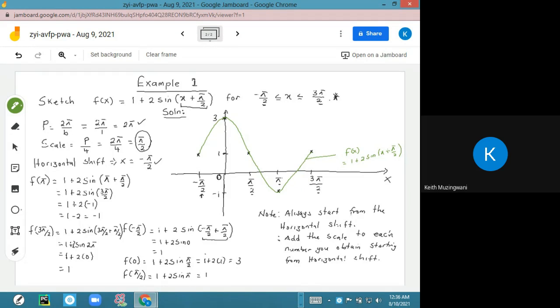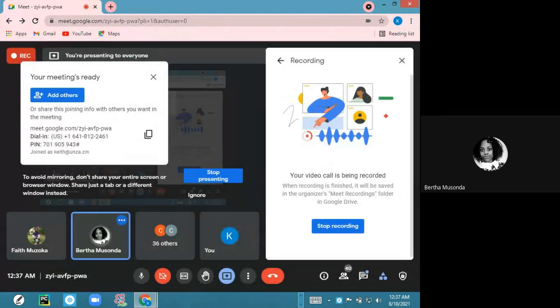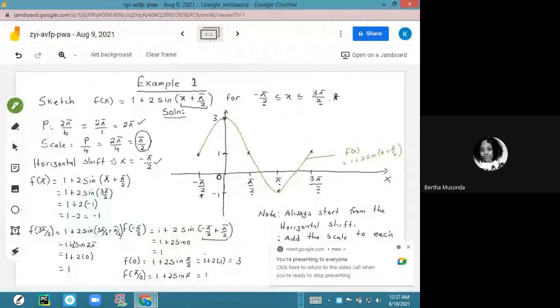The question just says sketch. And when you're sketching, we don't indicate that this is the horizontal shift, this is the vertical shift. We just place the sketch there and it will be clear that there was a shift done here, like it is in this case. So even the upper limit and lower limit, you don't have to indicate. There's no need of indicating where the upper limit and lower limit are.